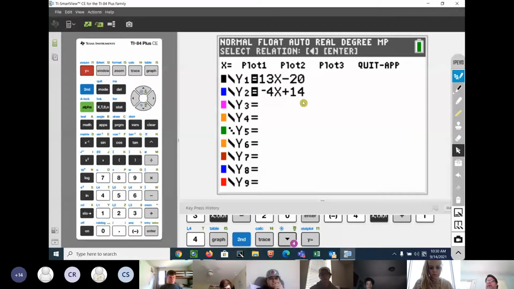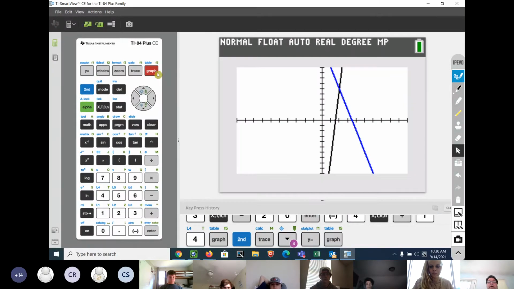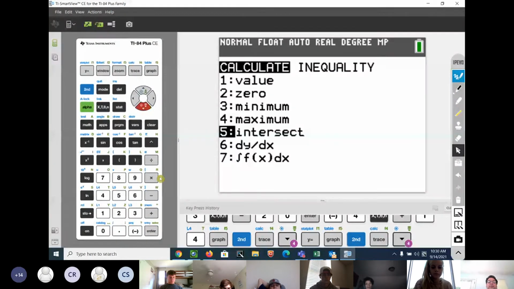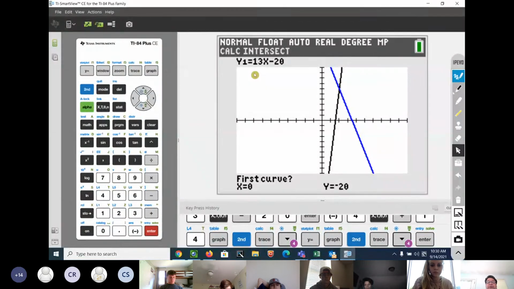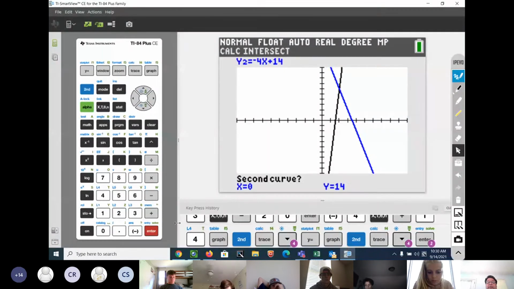All right. So now I go to graph, and I go to second, trace, and go down to intersect. And it's going to say first curve, 13x, and you say enter, yes. Second curve, negative 4x, yes, enter.